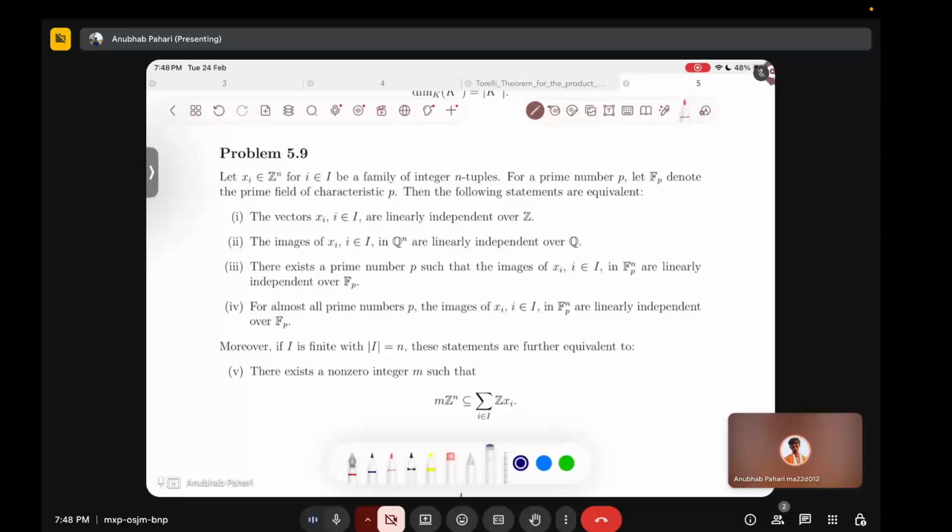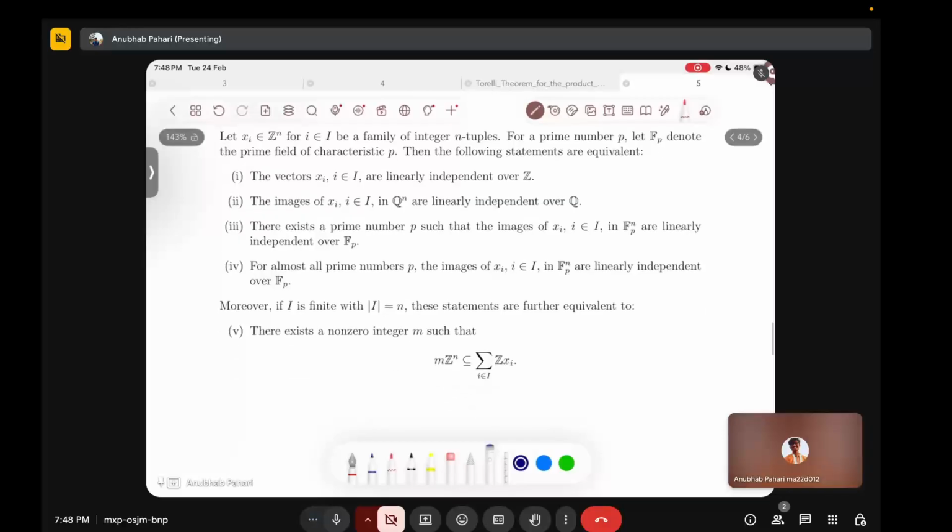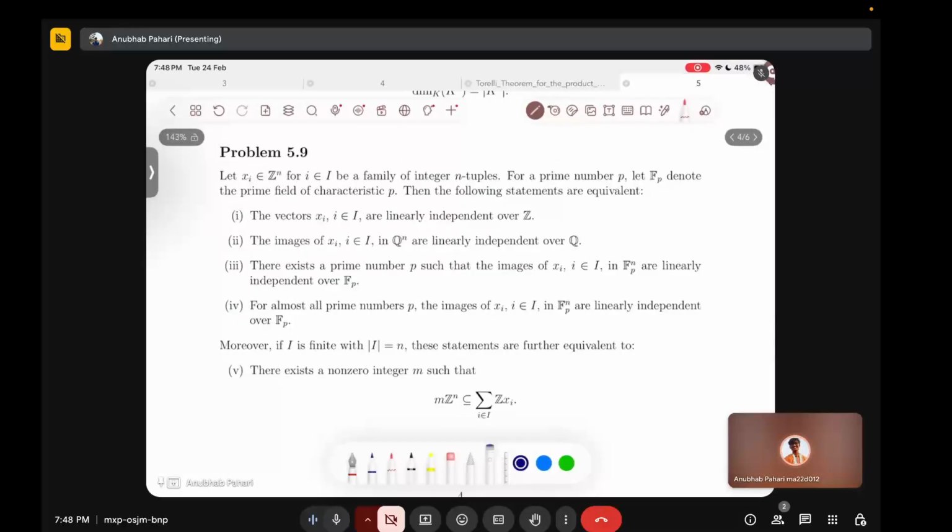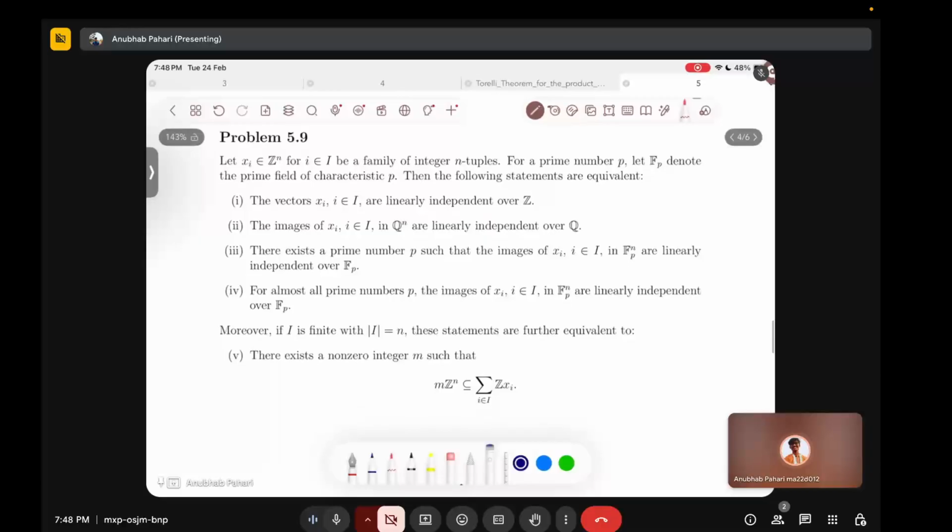The first statement says that the vectors x_i, where i is coming from capital I, are linearly independent over Z. The second statement says that the images of x_i in Q^n are linearly independent over Q. And the third statement says that there exists a prime number p such that the images of x_i in F_p^n are linearly independent over F_p.